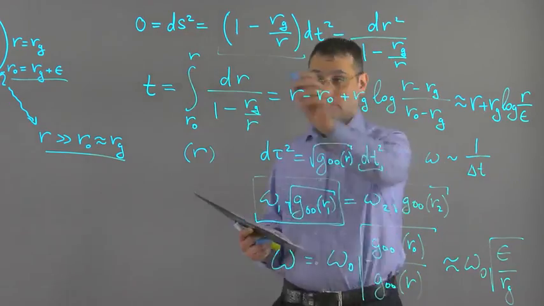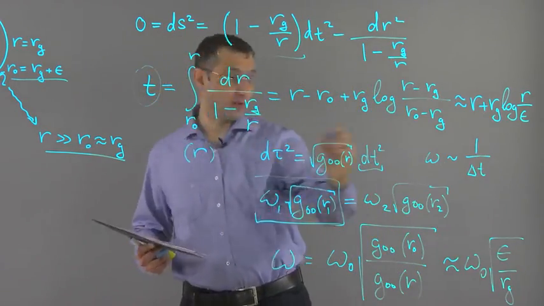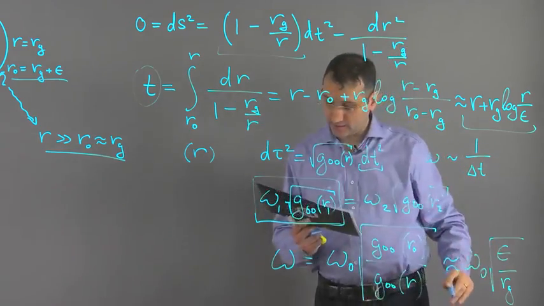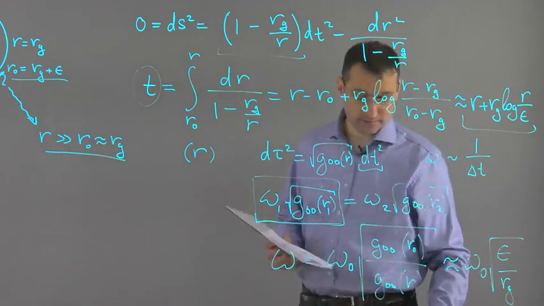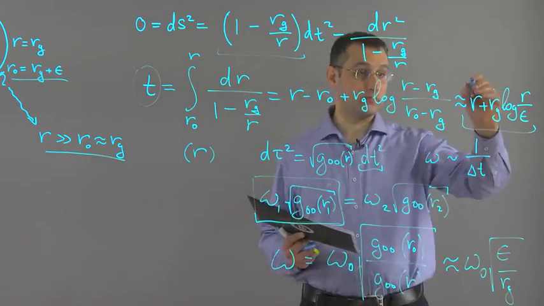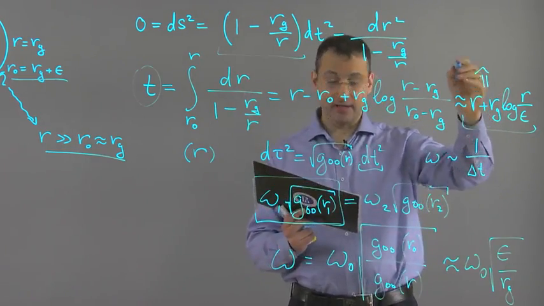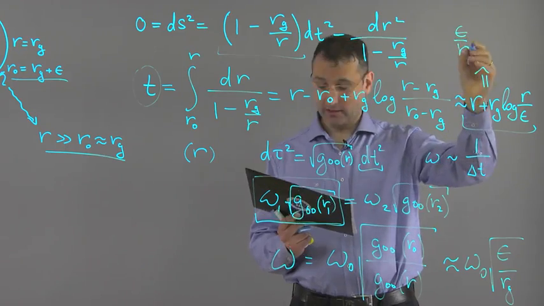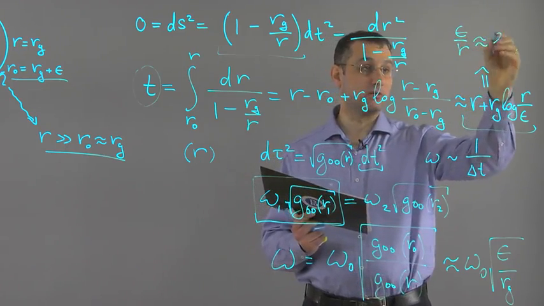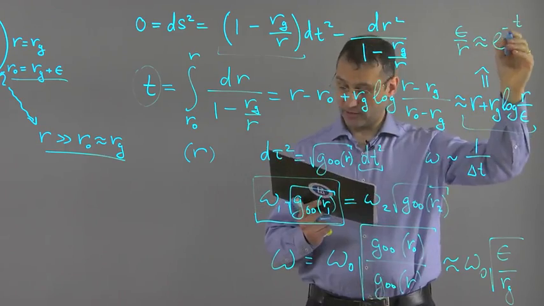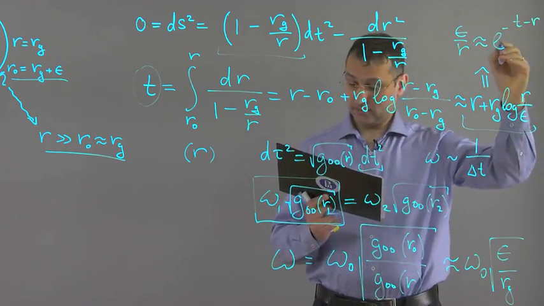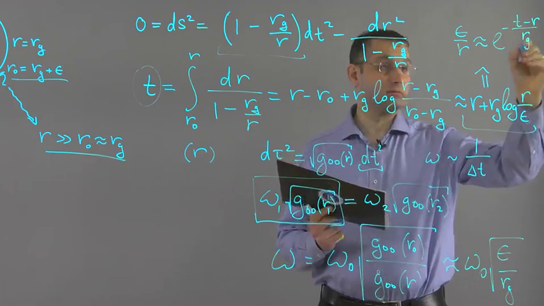From this relation, that this is equal to this, we can find that epsilon divided by r is approximately equal to the exponent of minus (t minus r) over r_g.